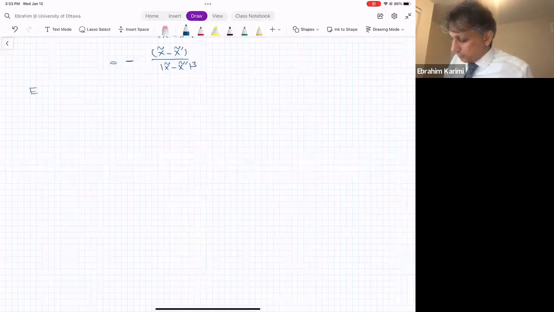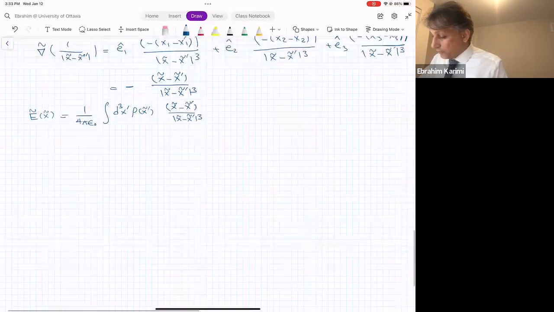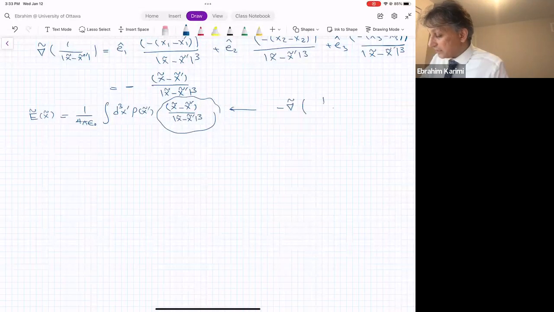So the electric field at the point x due to the charge distribution rho prime was 1 divided by 4 pi epsilon naught, integral d3x prime rho of x prime, then we had (x minus x prime) divided by |x minus x prime| to the power of 3. And now from the above relation, we found that this term can be replaced by minus the gradient of a scalar, which is 1 divided by |x minus x prime|.